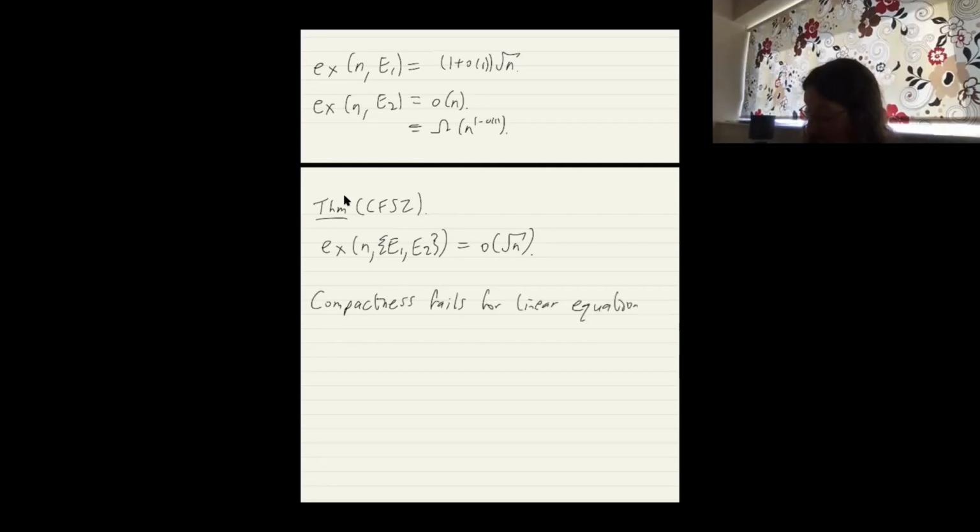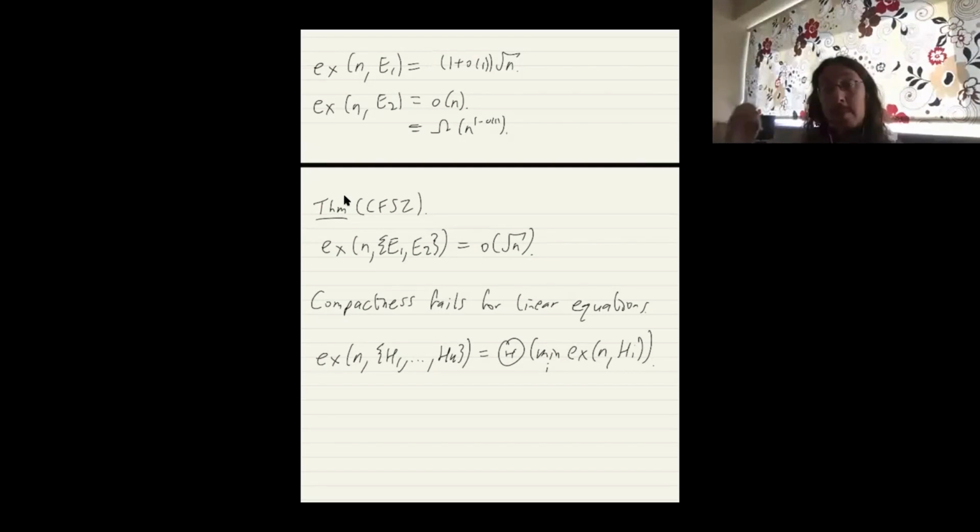If you remember, the compactness conjecture was that the extremal number of a family of graphs, H1 up to Hk, should be equal to theta of the minimum over i of the extremal number of n, Hi. And you could conjecture a very similar thing for linear equations, that the extremal number for those equations is determined by the minimum extremal number.